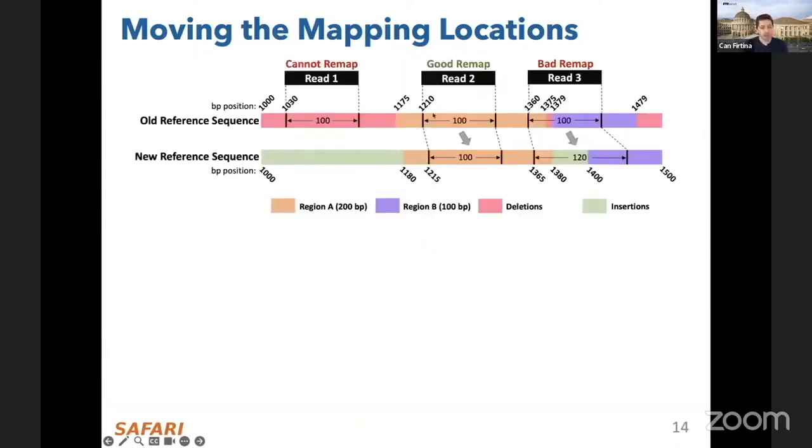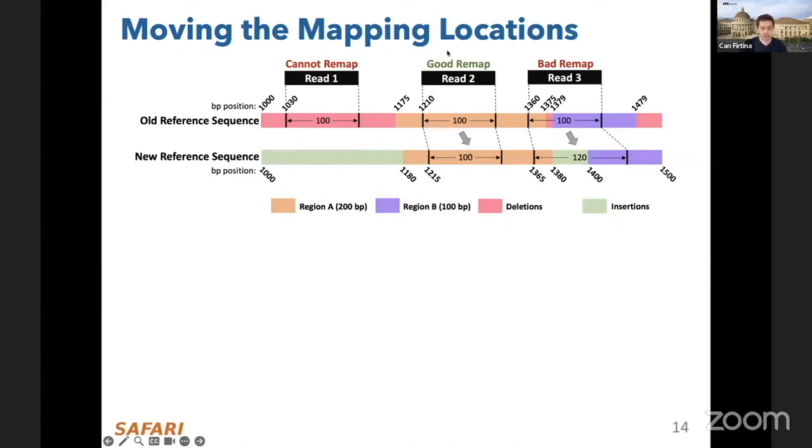So as I already covered, if a particular region is exactly the same between two reference genomes, we can simply move their positions, and this is a good remap, because we wouldn't assume that the read should map to any other region better than this particular exact matching region.